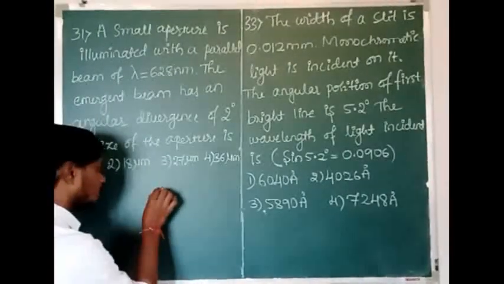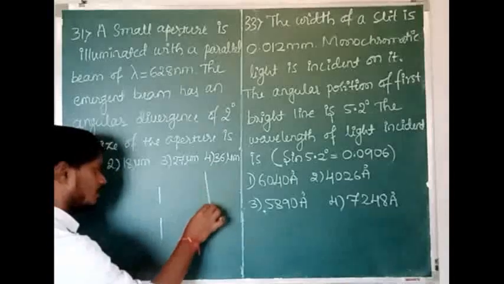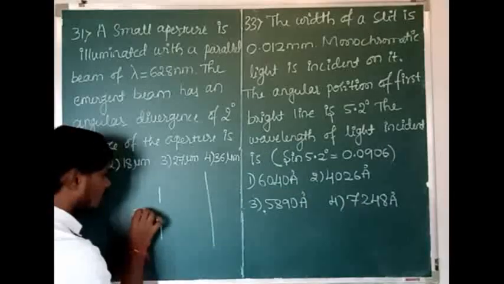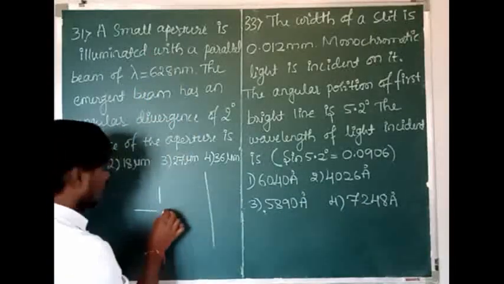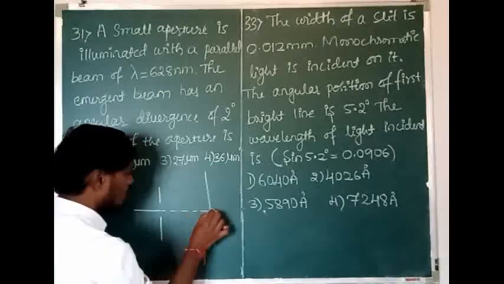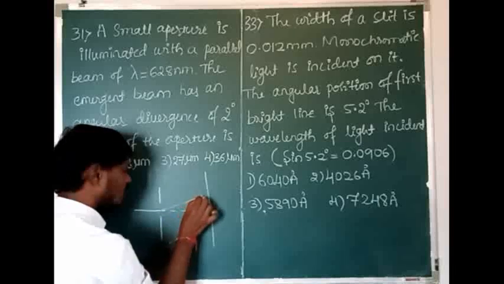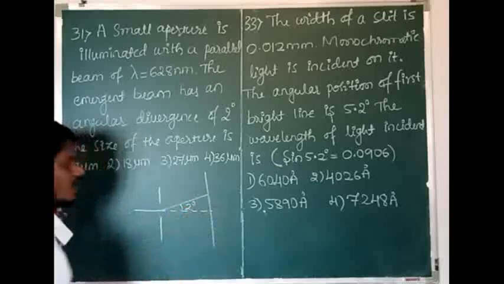Listen, it is an aperture, then it is a screen. When a parallel beam of light is incident on the aperture here, then the light is divergent. Then it is the incident path and it is the divergent path, with what angle? That is 2 degree.